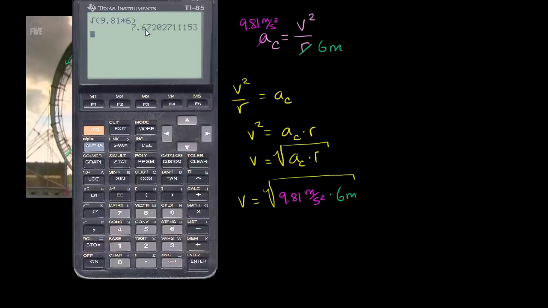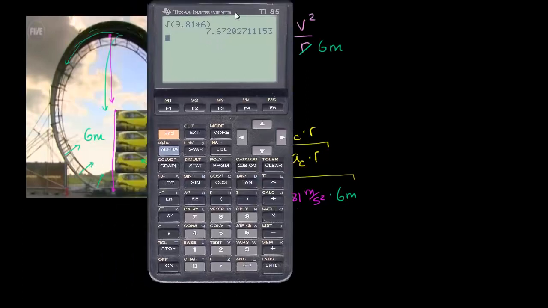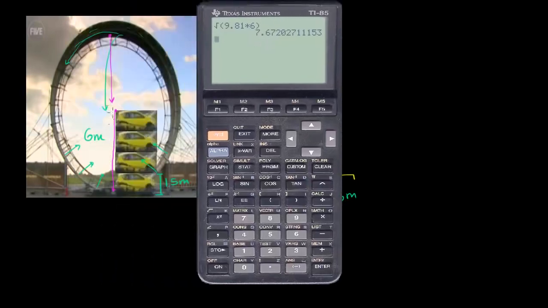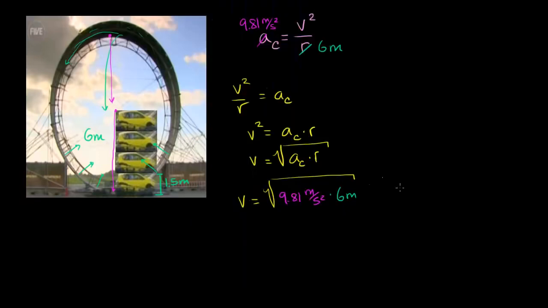I'll just round to 3 significant digits, 7.67 meters per second. And significant digits, the whole conversation, because this is just a very, very rough approximation. I'm not able to measure this that accurately at all. But I get a roughly, I'll just round, 7.7 meters per second. So this is approximately 7.7 meters per second.